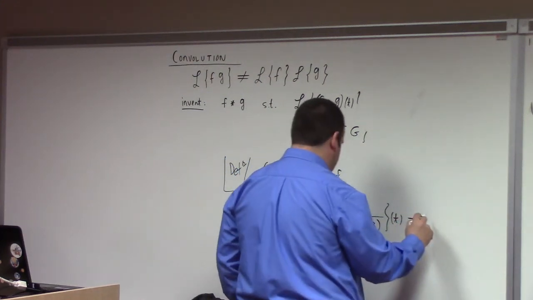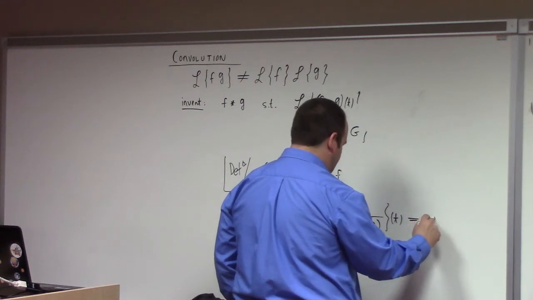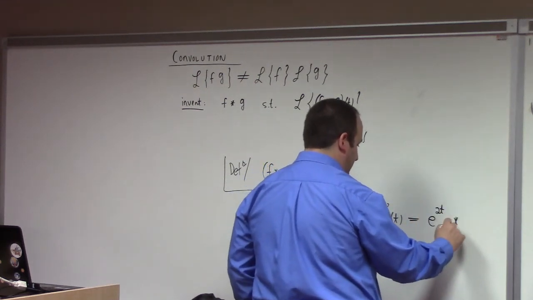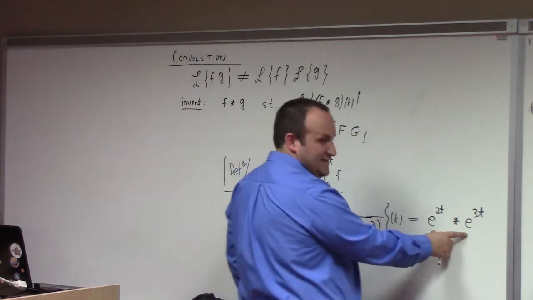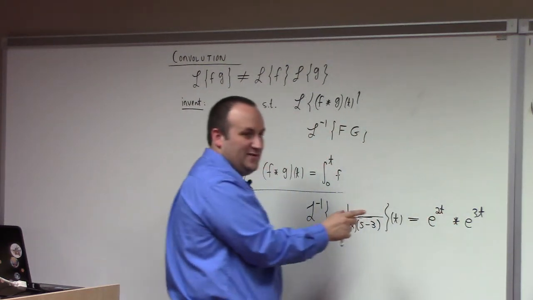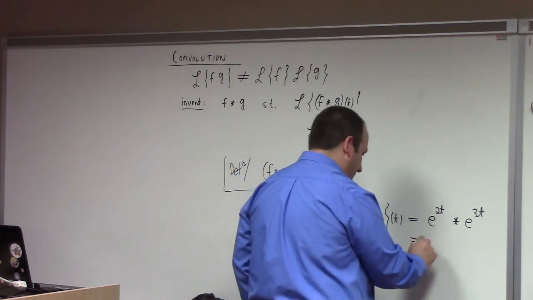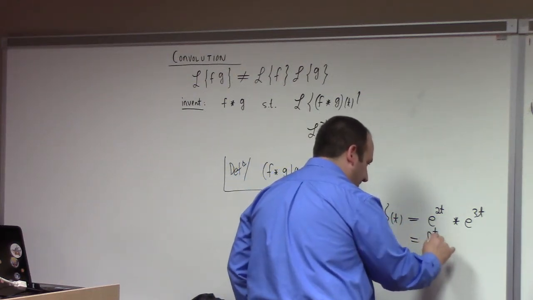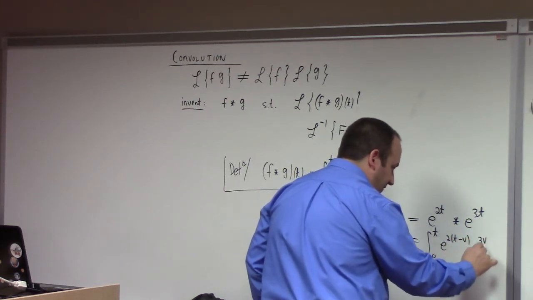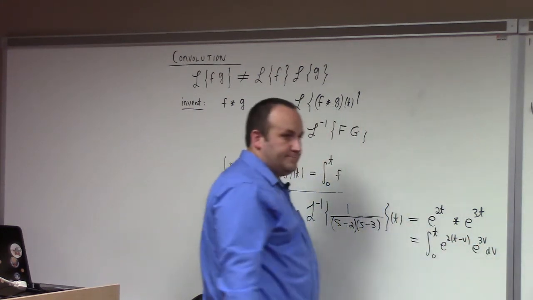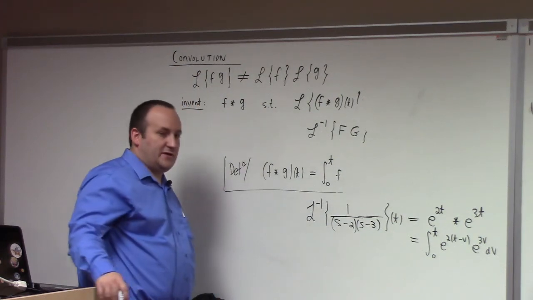I mean, it's not entirely a misuse, I guess, but this would be e to the 2t convoluted with e to the 3t, right? Well, I won't take this as an answer. If you're going to do this, then you actually have to work out the integral from 0 to t, e to the 2t minus v, e to the 3v dv. I actually want you to work that out if you're going to choose this path.